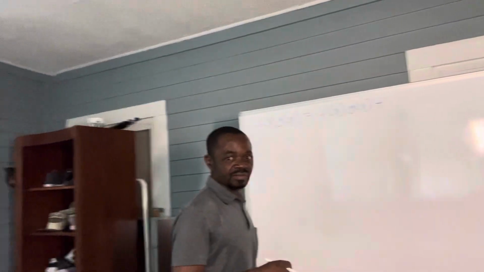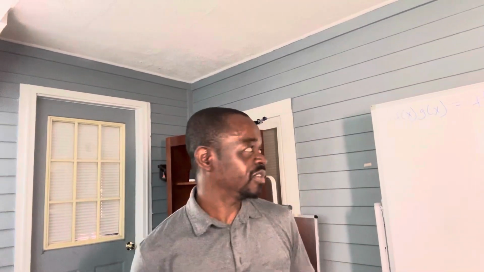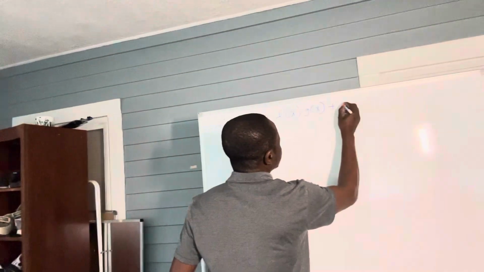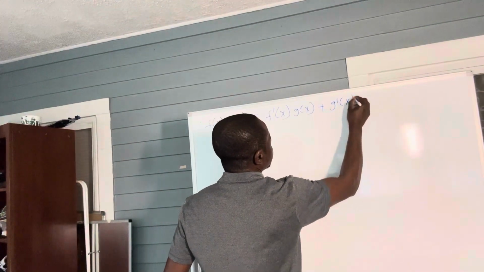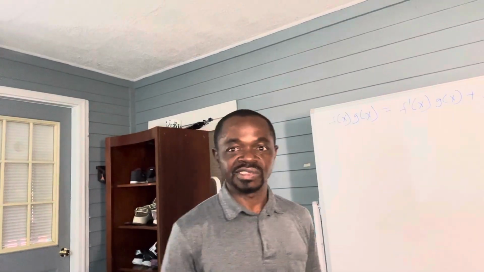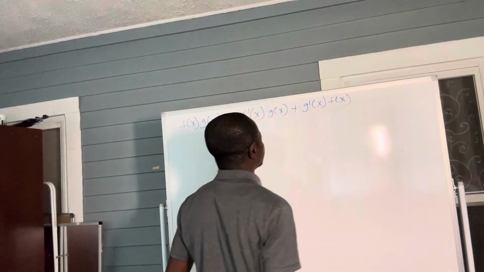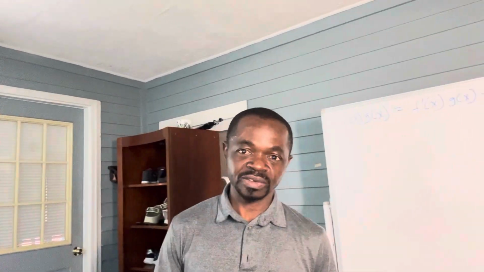Then plus, you differentiate the second function, or you find the derivative of the second function, which is g prime of x, and then you hold the first function as a constant. So that is the formula we're going to be dealing with.